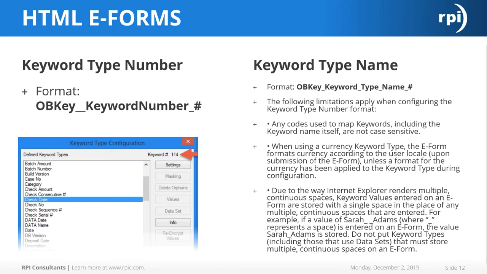For example, the first use of the customer name or the first use of check date would be mapped to 114 underscore 1. And then if you were going to use that value again, you would use the OB key underscore check date underscore 2. So the number at the end would increment every time you're going to use that instance.